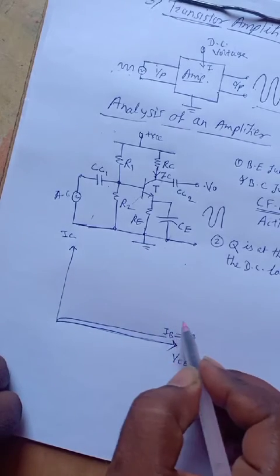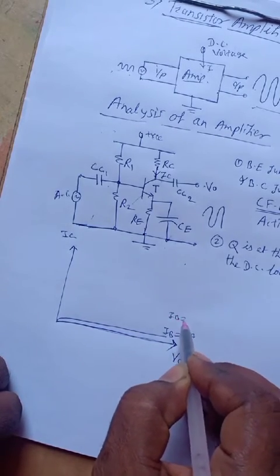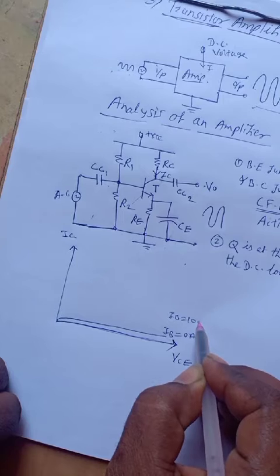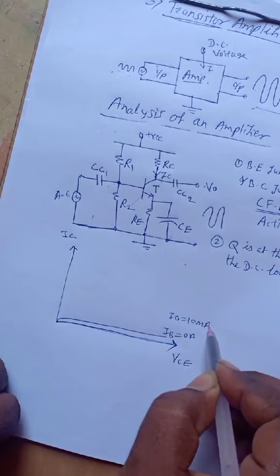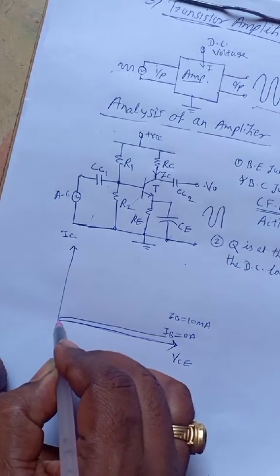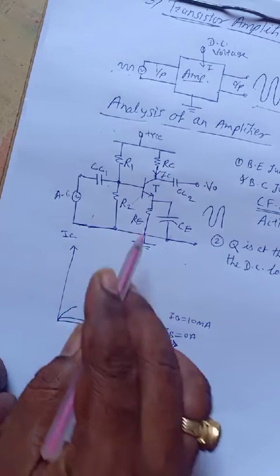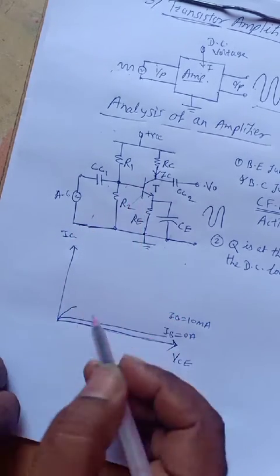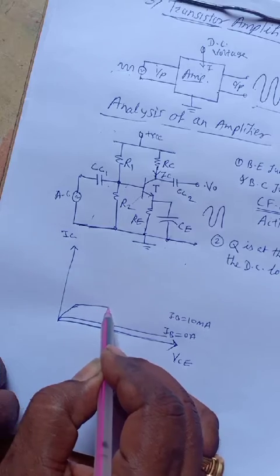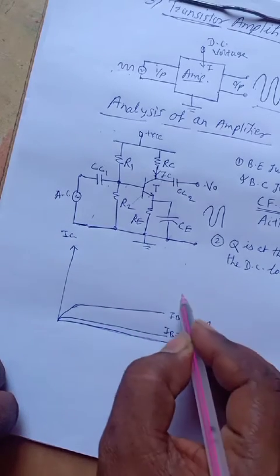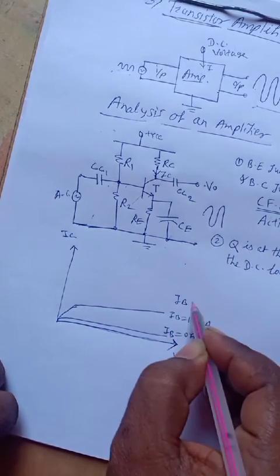If we increase the IB, say 10 milliampere, then the transistor slowly turns on and it behaves like this. IC current increases as IB increases.